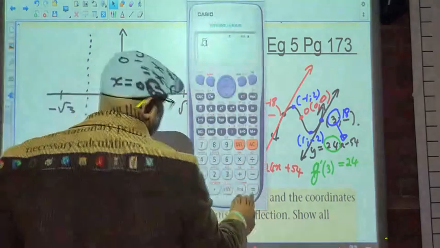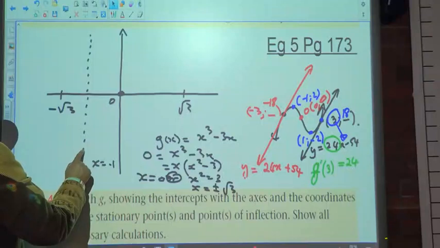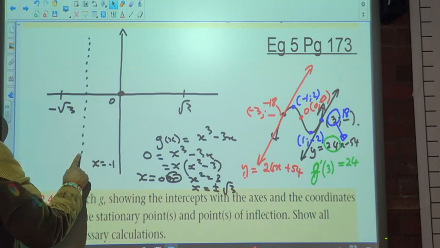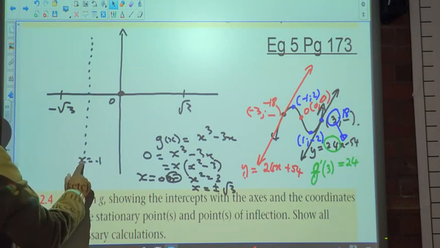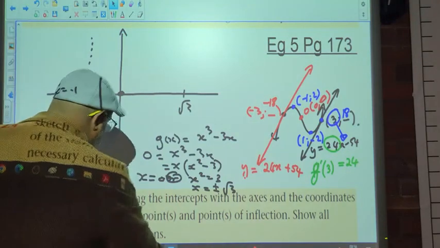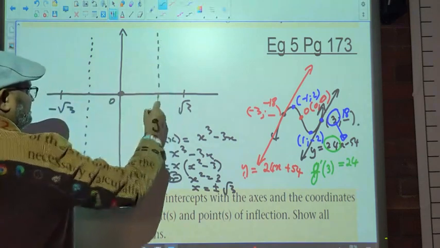Let's figure root 3 is 1.7. Half of 1.7 is 0.89. So it's just under half. Again, it doesn't have to be exact, it's just approximation.